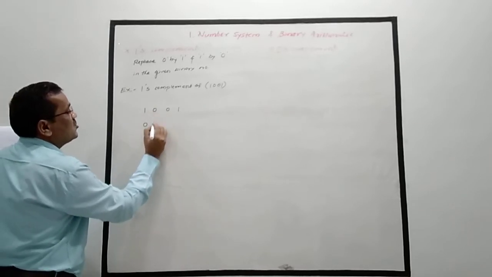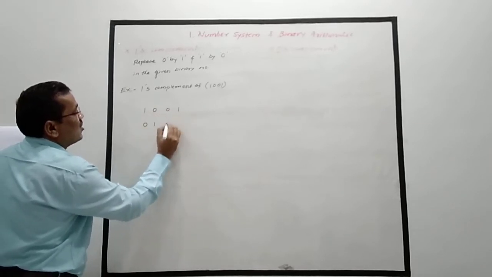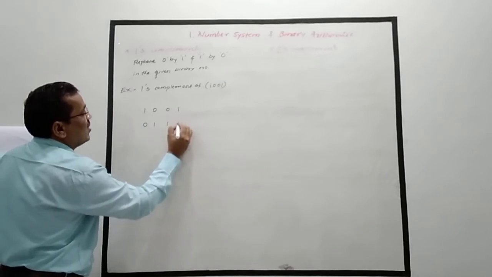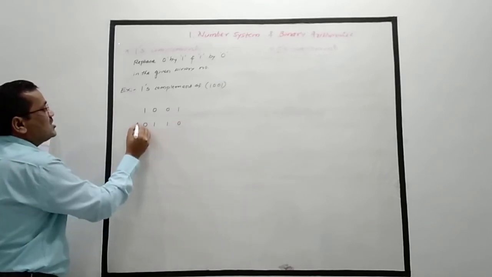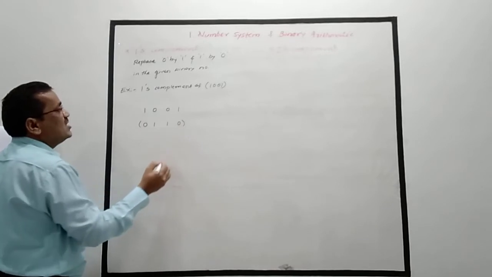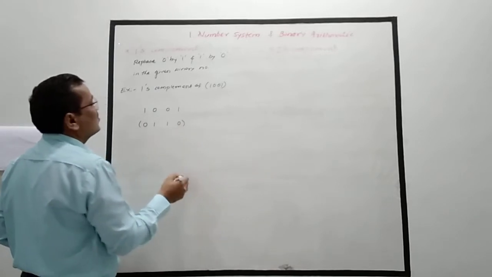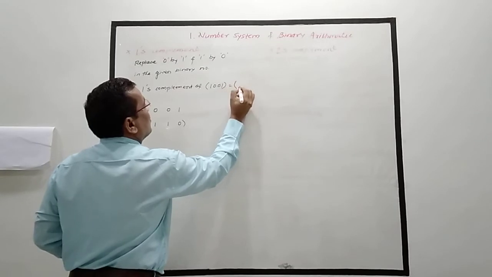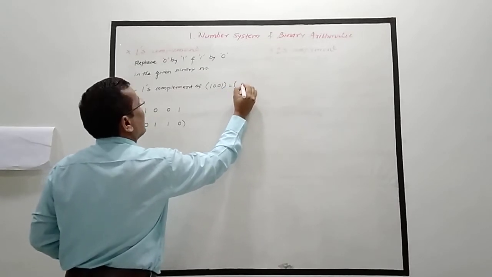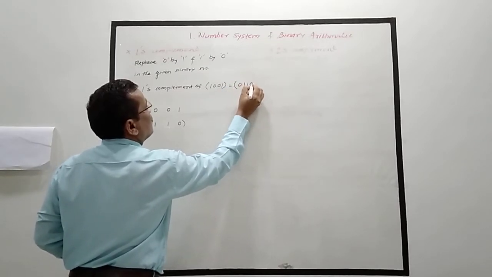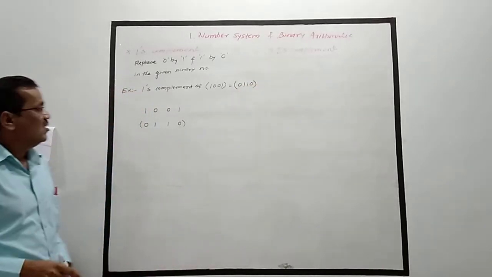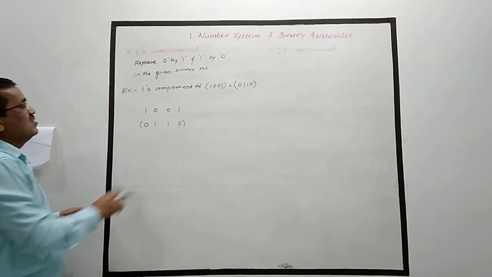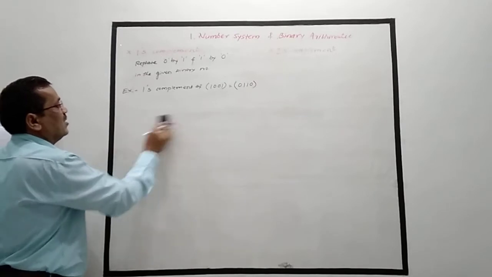Here is 0, you should write 1. Instead of 0, 1. Instead of 1, 0. So the ones complement of 1001 is 0110. This is the ones complement of the binary number.